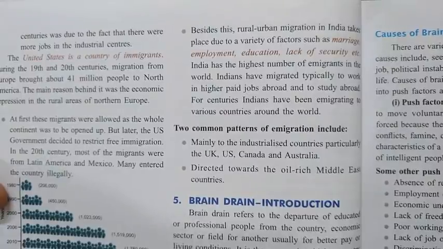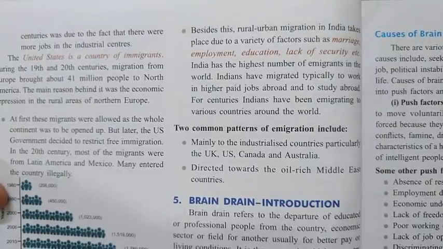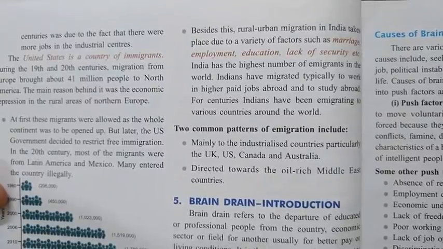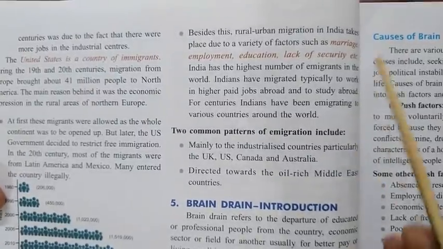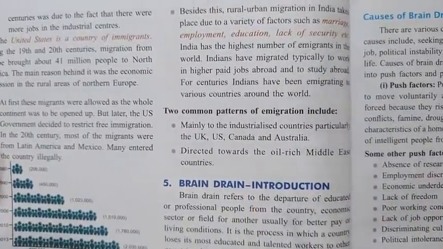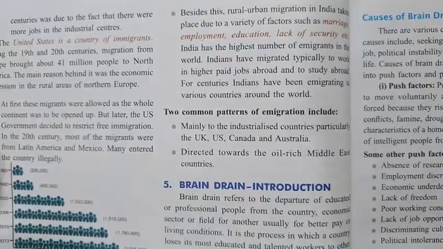A large number of people migrated from Bihar to eastern UP, that is Gorakhpur, and Varanasi also. These are examples of lack of security. So we have seen so many things about migration.